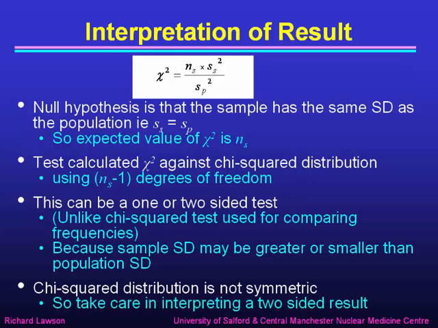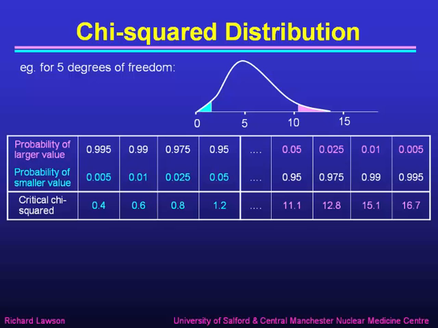One complication of this is that the chi-squared distribution is not symmetric. So we have to take care in interpreting a two-sided result because it's not the same at the right-hand side and the left-hand side. Here's an example of the chi-squared distribution for 5 degrees of freedom. The shape and the mean of the distribution changes with the number of degrees of freedom.